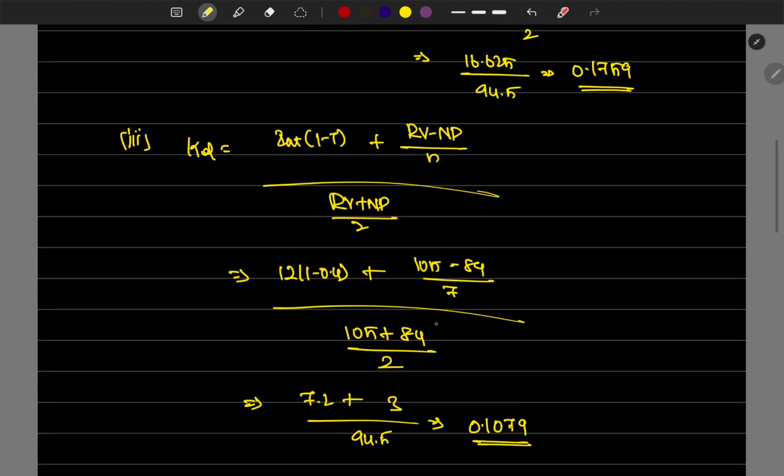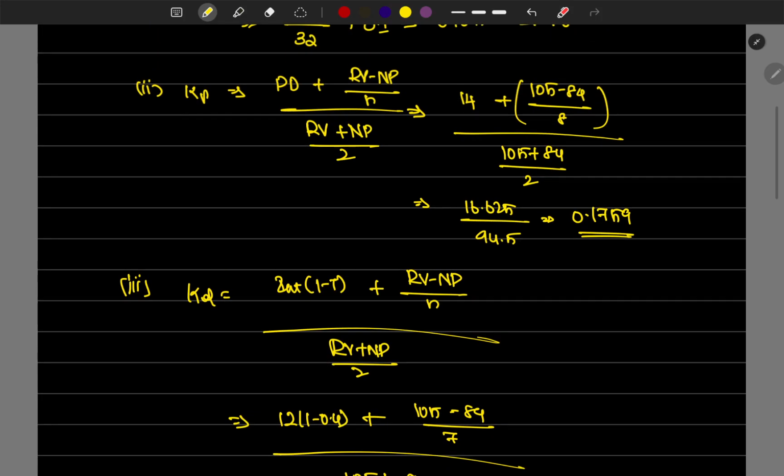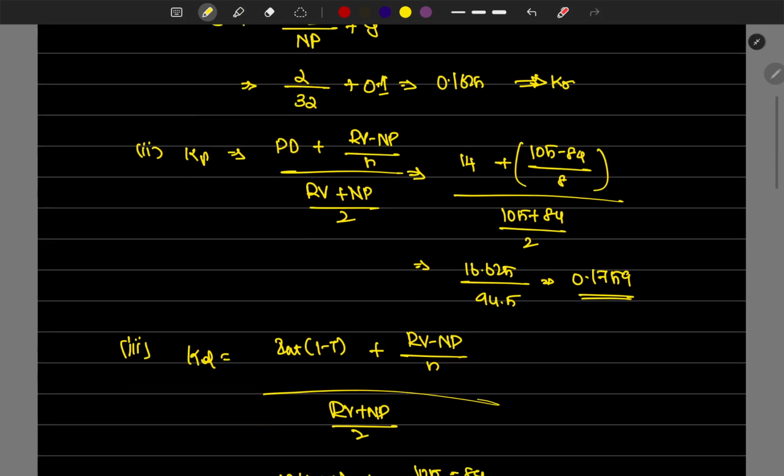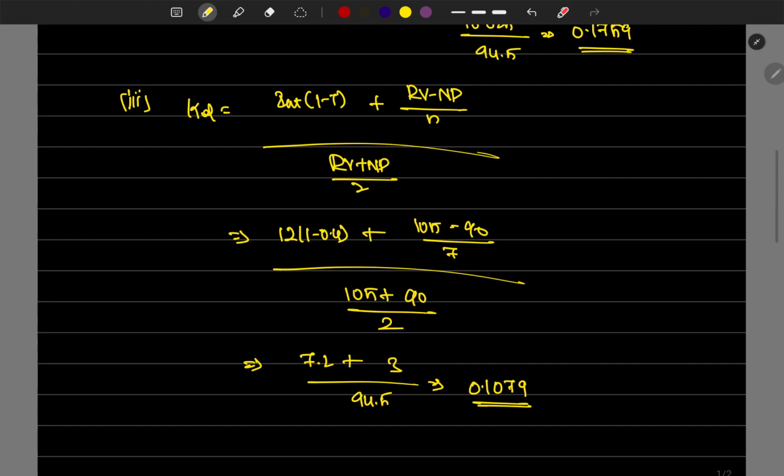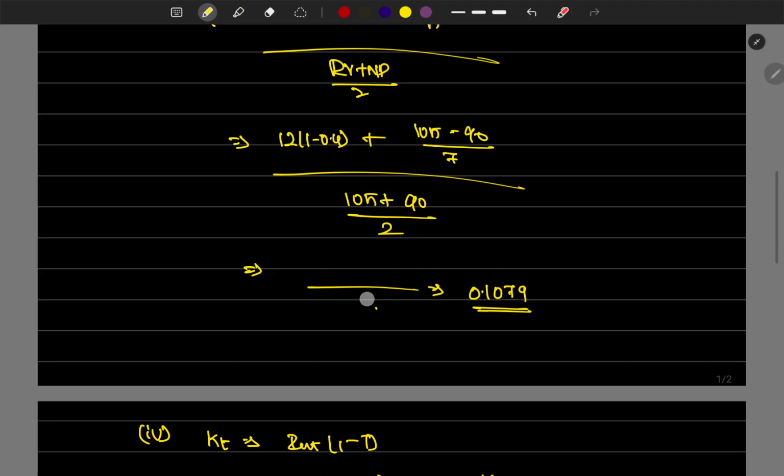Guys, we have made one mistake. The 84 is the net proceeds value of the preference shares. We wrongly carried it over; for the debentures the value is actually 90. So the value will change here.